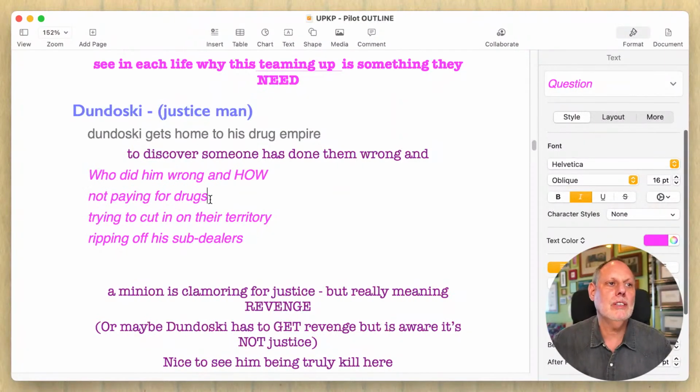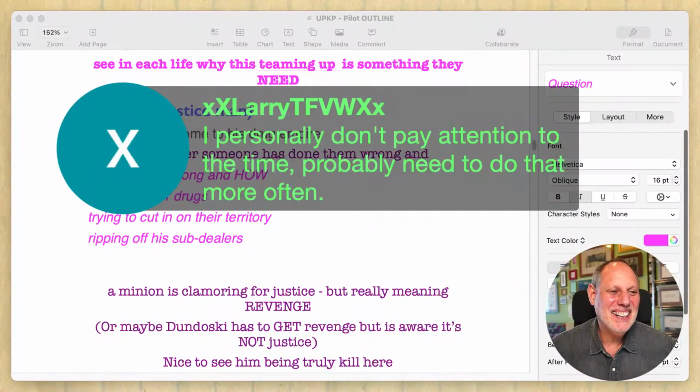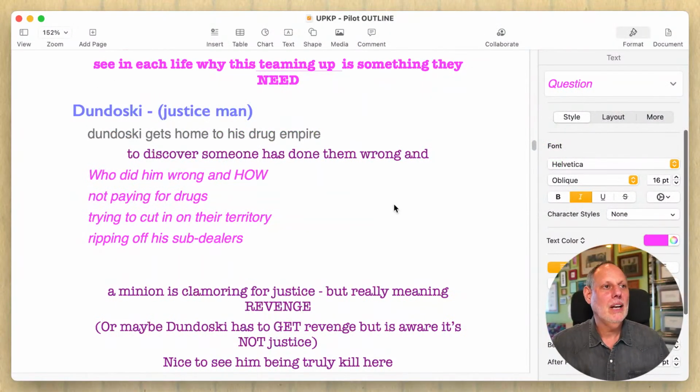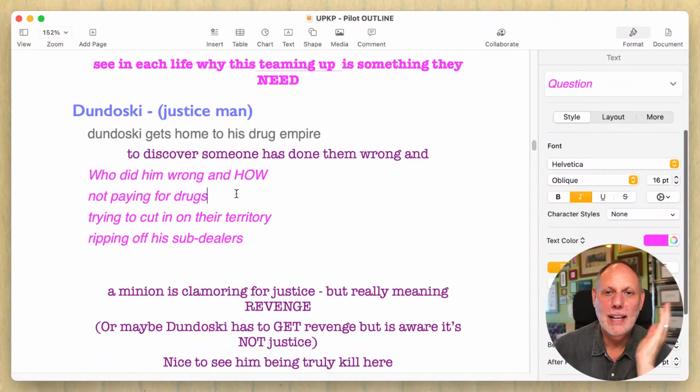Not paying for drugs is a little complex. It's like, well, how did they not pay?